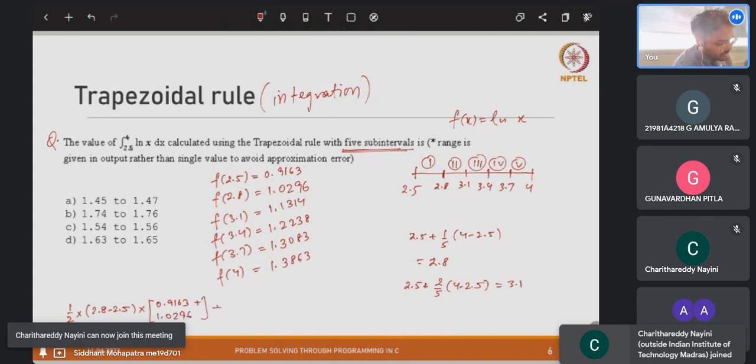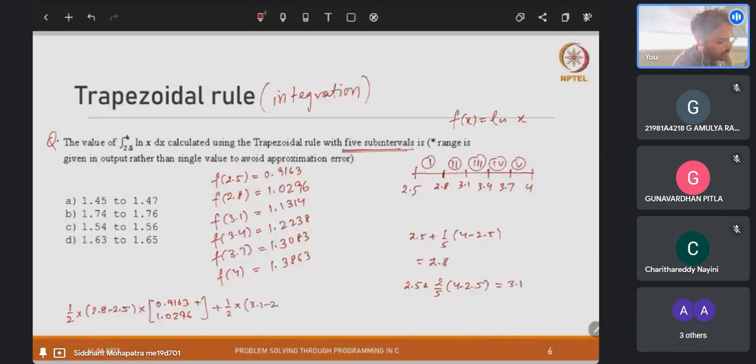This is the first. Then for the second, you have 3.1 minus 2.8 into 1.0296 plus 1.1314.